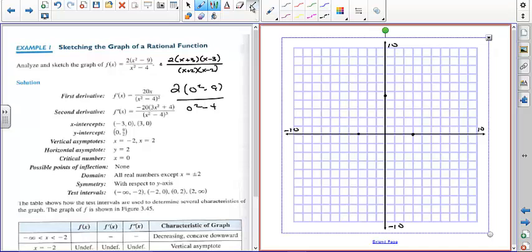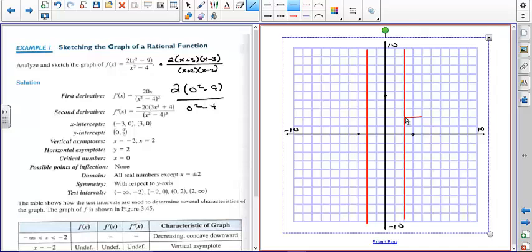You have vertical asymptotes at x equals -2, +2. We have a horizontal asymptote y equals 2, so I'm going to draw a horizontal line outside of these things here.